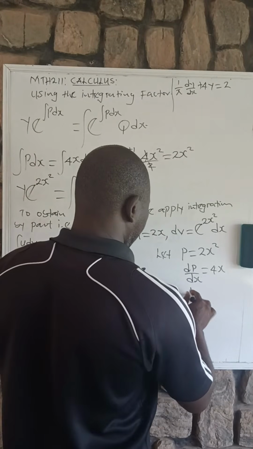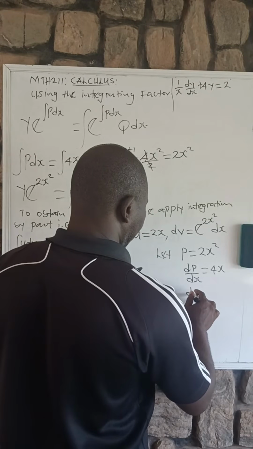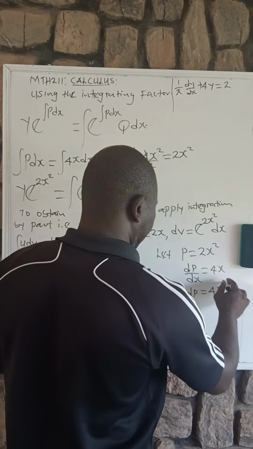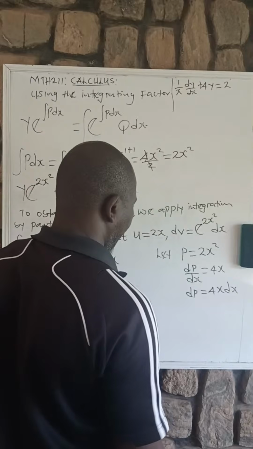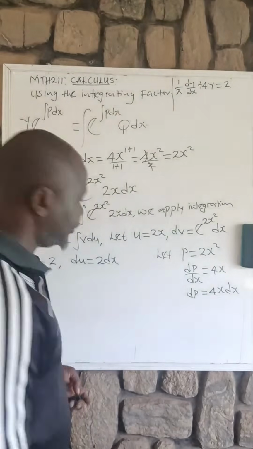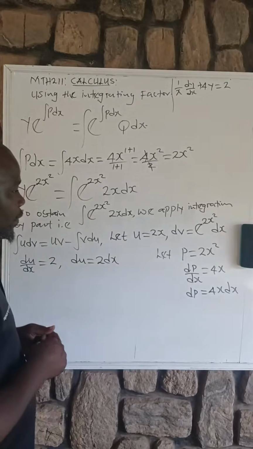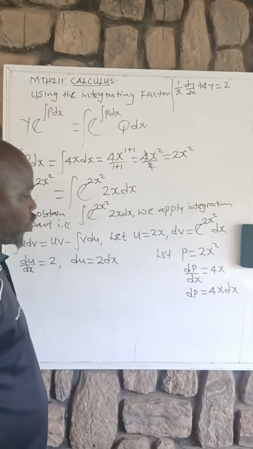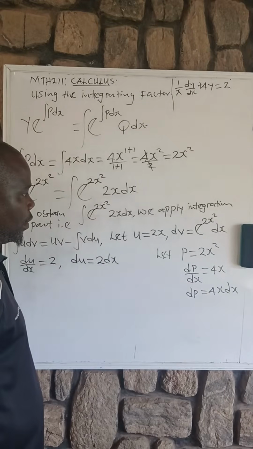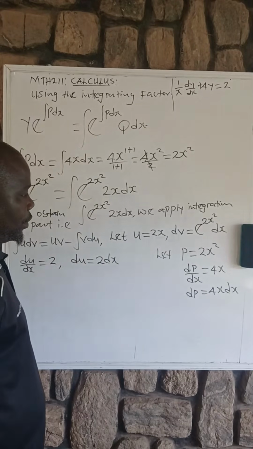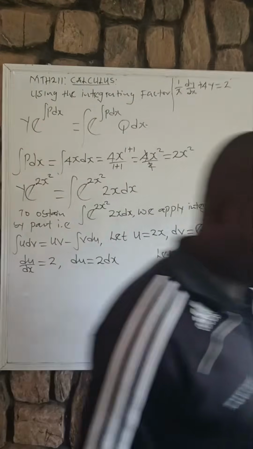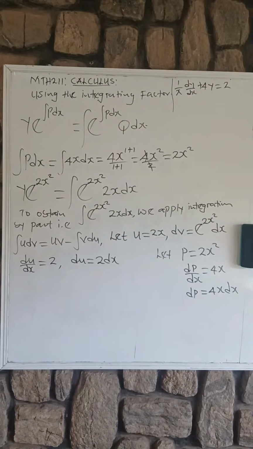Therefore our dp is equal to 4x dx. Do you agree with me? Please look at the board.